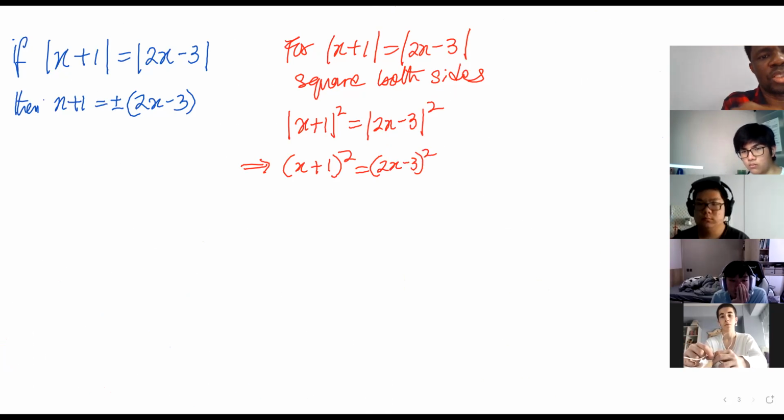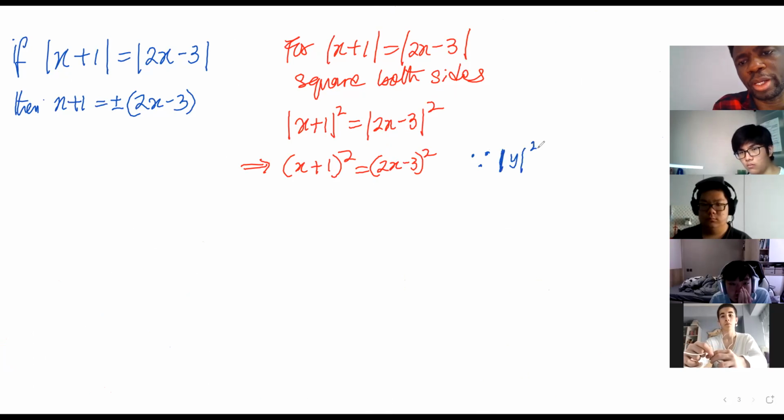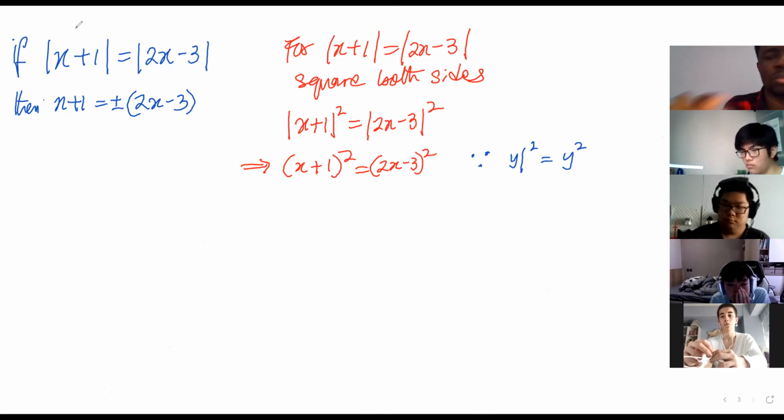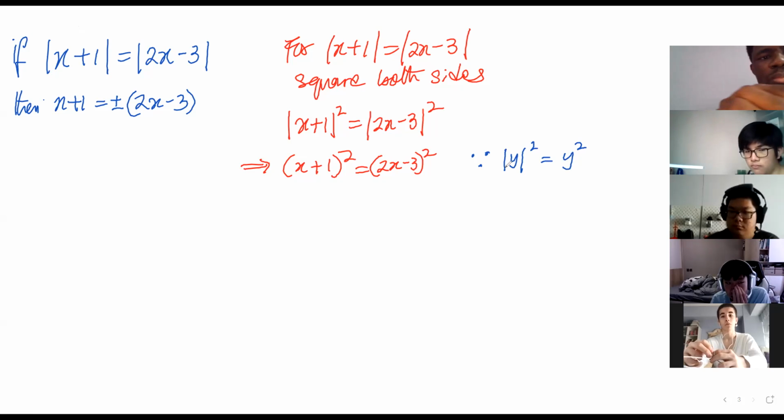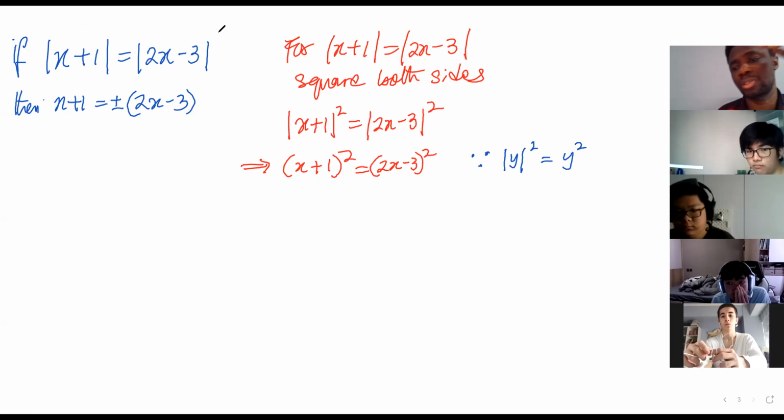The reason is that the absolute value of y all squared is the same thing as y squared itself. Any questions? Any questions?